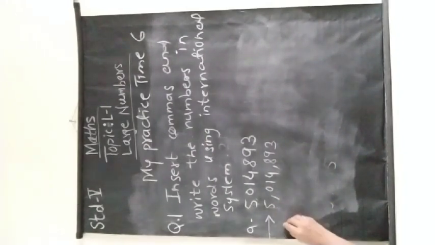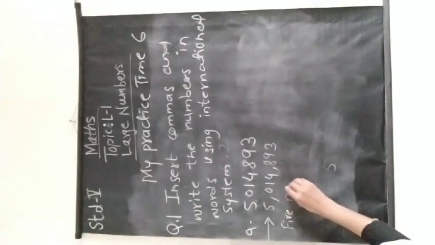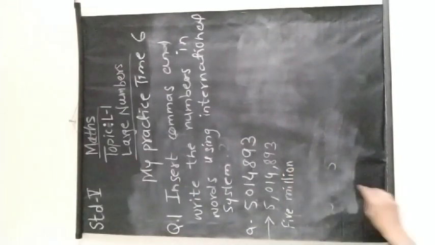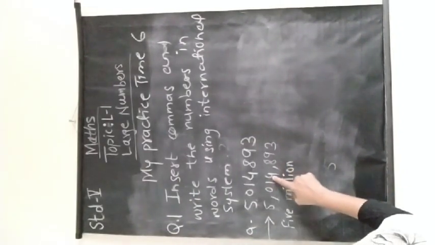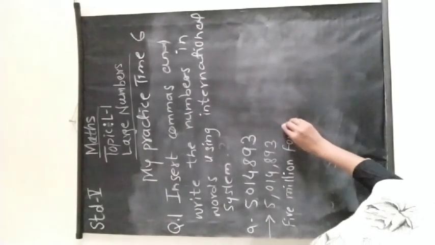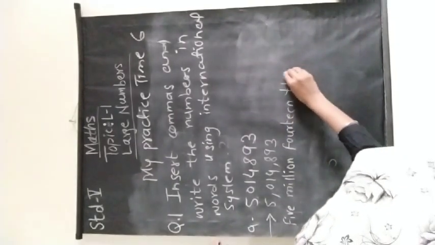How do I write it in words? In words it is 5 million, 14,000, because there is a 0, directly 14,000.